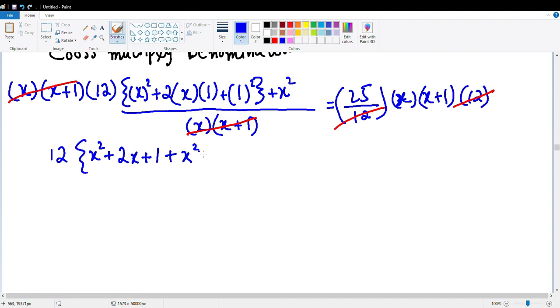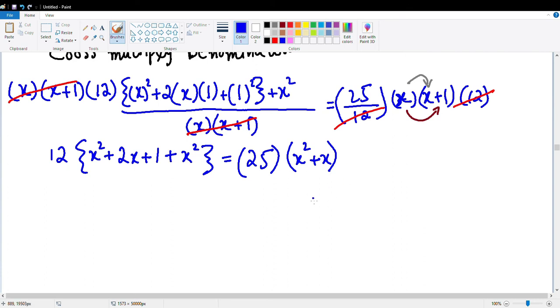All we need to do is write a bigger bracket because 12 is still going to be multiplied. So equals 25. And now let's multiply x into x and x into 1. So x into x will be x squared, and then x into 1 will be plus x.